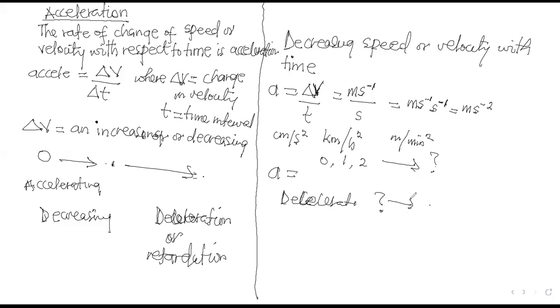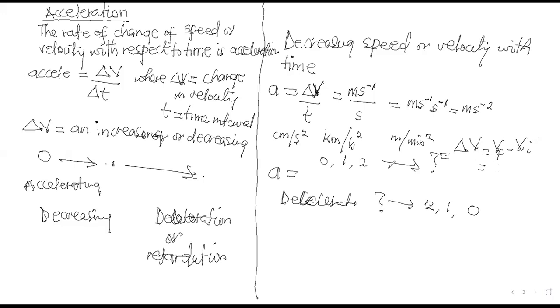So from a higher value to 1, then if the body is coming to a stop, 0. Look at the reason why deceleration is negative: for acceleration, if I want to find a change in velocity, the change is always the final velocity minus the initial velocity.